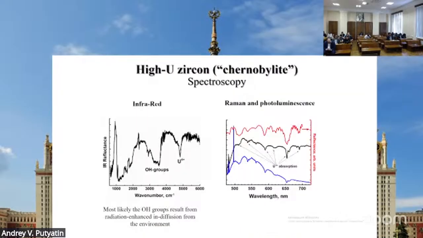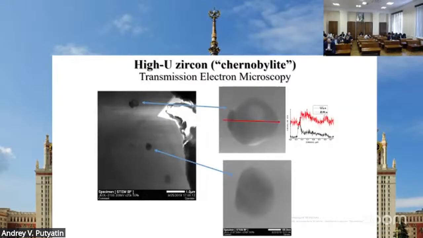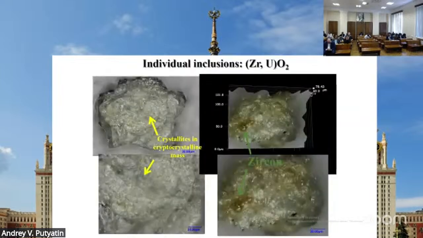And from optical spectroscopy, you can make a lot of conclusions about the high concentration of uranium inside. You can look at, for example, transmission electron microscopy. You can find very interesting peculiarities, for example, inclusions of different phases inside. And why it is important, it tells us about the progression of the accident, how this melt was evolving with time.